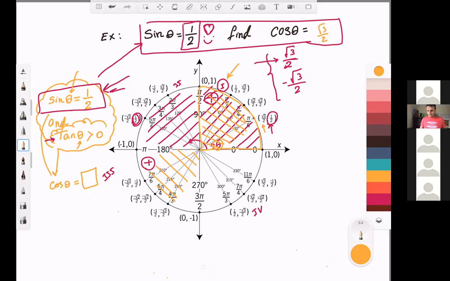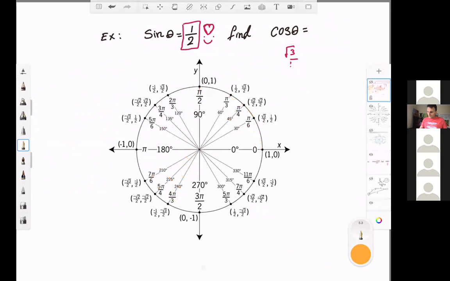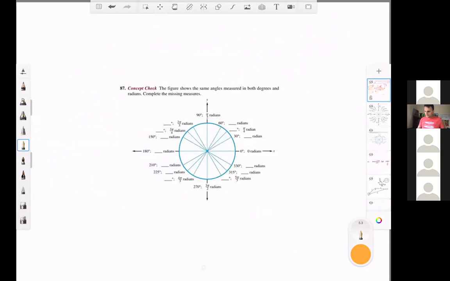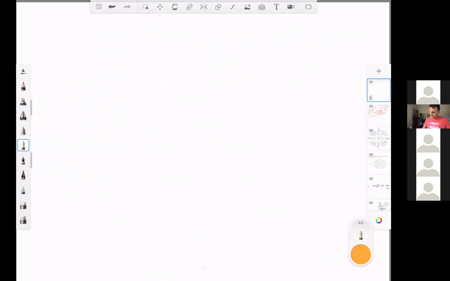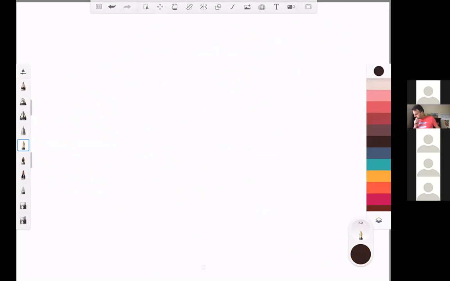So let's have another question. The other question will be: tangent of theta equal to 1.